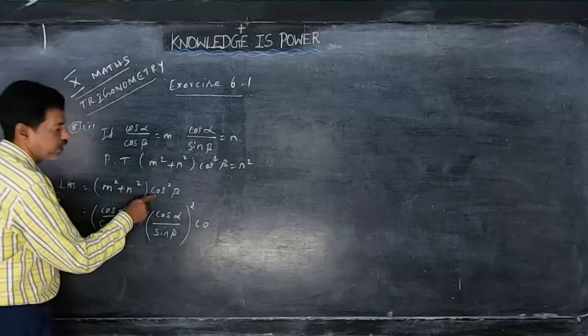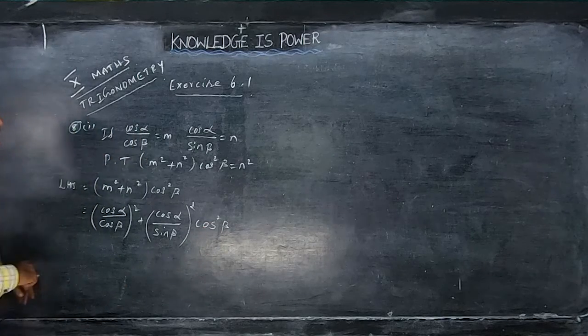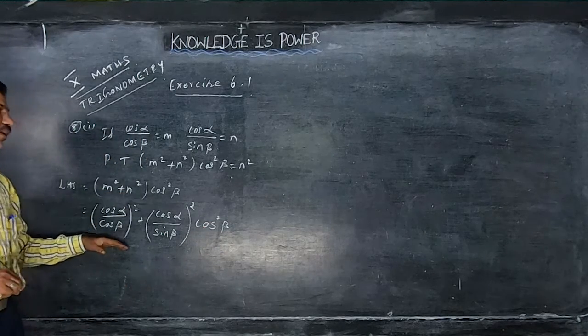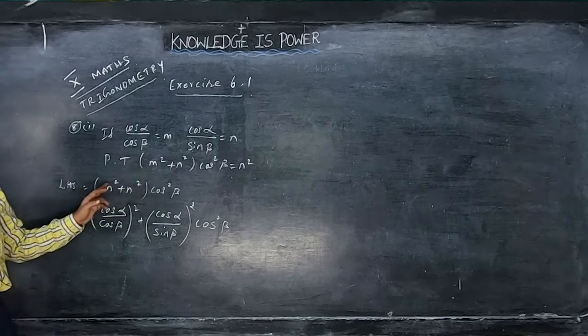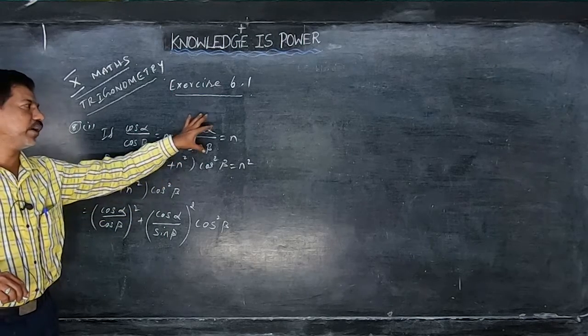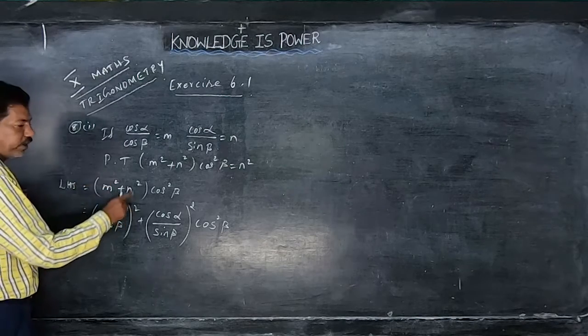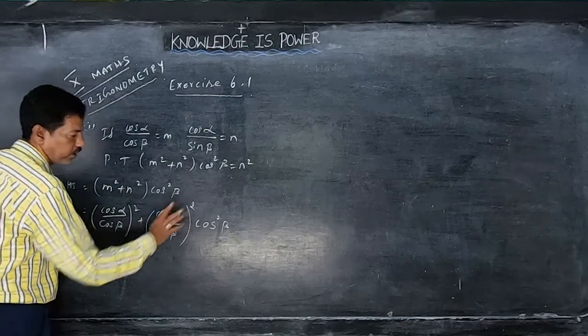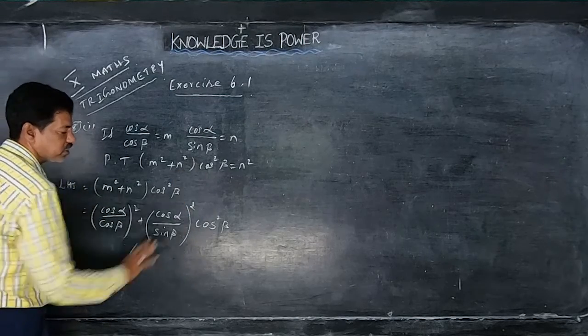Now again you have to write cos square beta. So on the left hand side I have written m square plus n square cos square beta. In place of m square I have written the m value, in place of n square I have written the n value. Since it is square I have written square here, and here also. This is the same as given in the question.